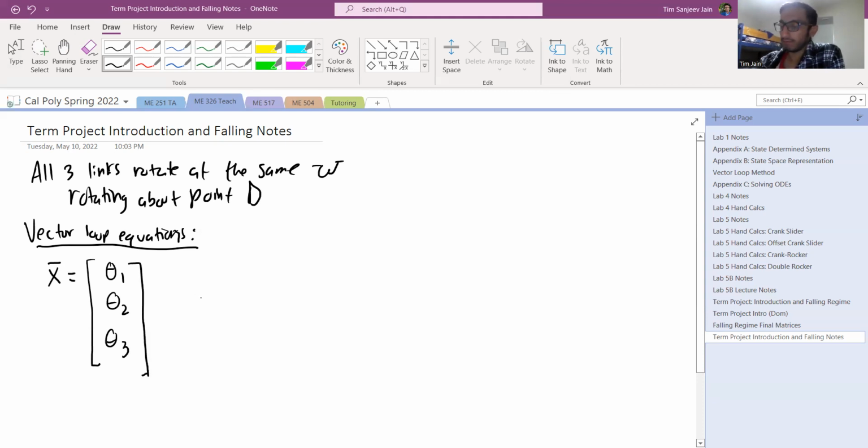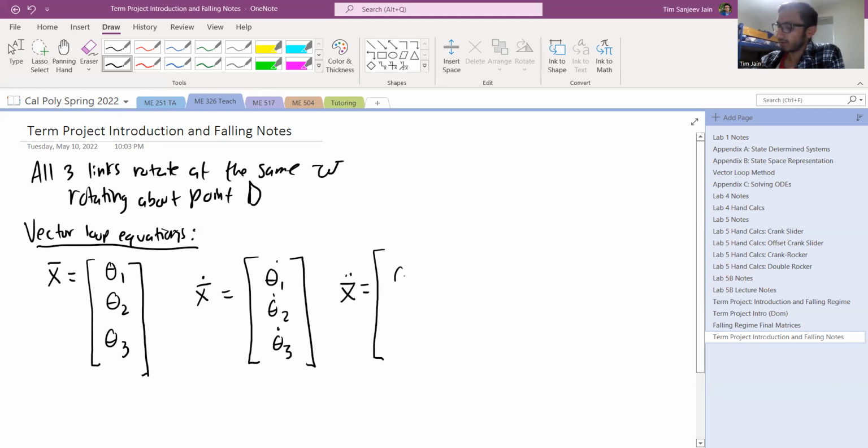Within these vector loop equations, we're dealing with the state vector derivative, theta 1 dot, theta 2 dot, and theta 3 dot, and then the state vector double derivative, theta 1 double dot, theta 2 double dot, and theta 3 double dot.